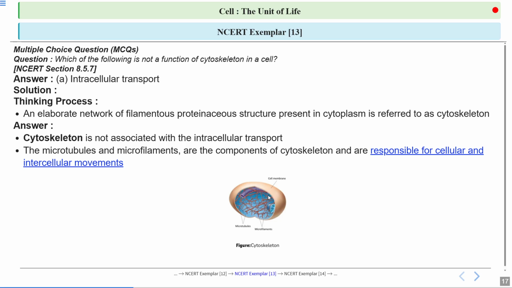Generally, when you see inside the cell under the microscope, you will not see such structures. They are so minute and so delicate and so small that they are not visible with a normal microscope unless you see them in the electron microscope. There you can see these microtubule and microfilament like structures.